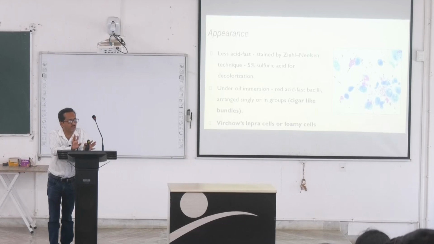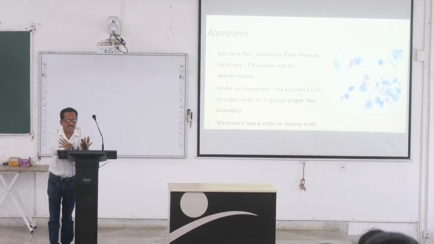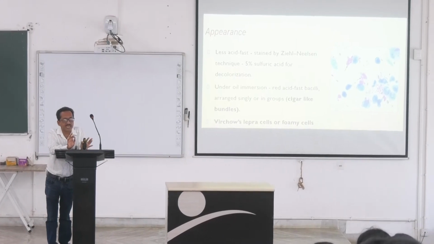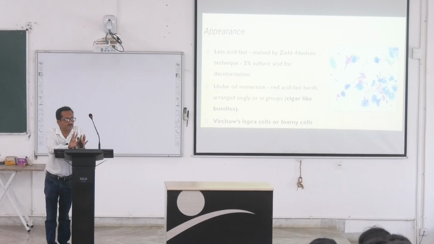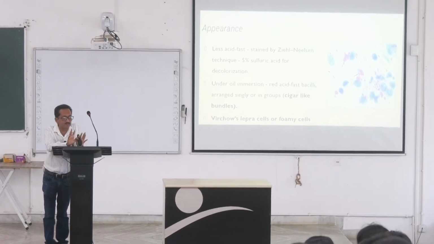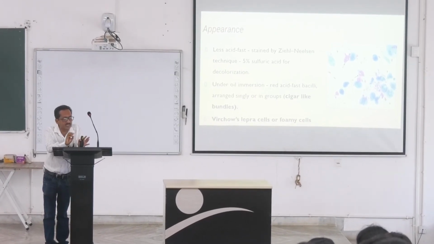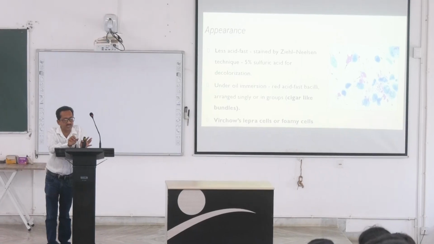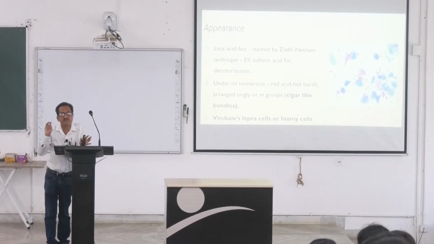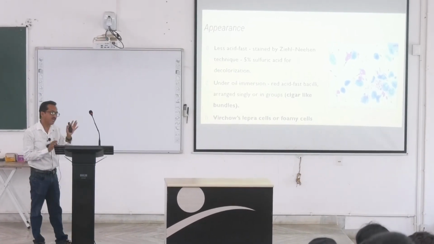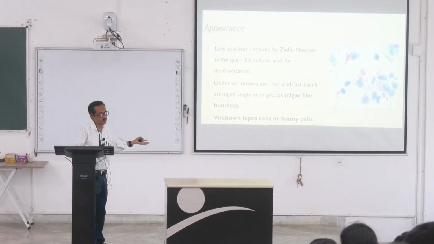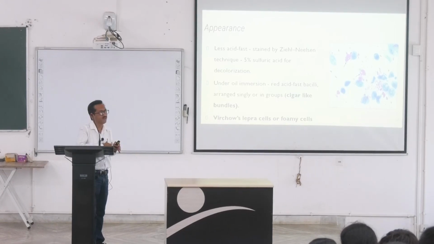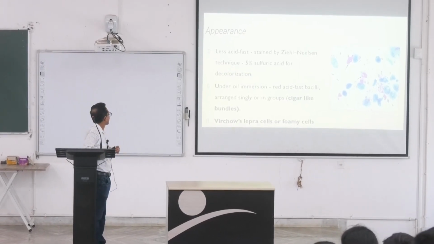First point: in sputum, you will get pus cells and epithelial cells. But in skin, you will see epithelial cells and macrophages in the smear, and most of these bacilli are intracellular within the macrophages. This is the first point of differentiating the specimen.